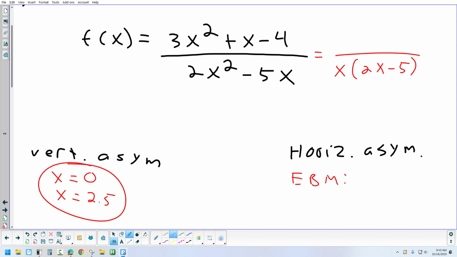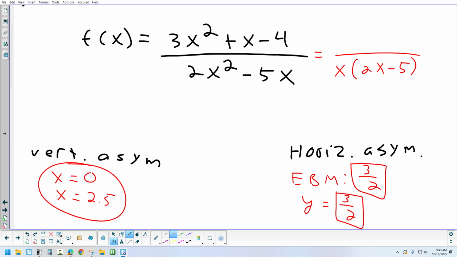Yep. 3 over 2. There's my EBM. So now what happens to that fraction as x approaches infinity? What does my EBM approach? Yeah, approaches 3 over 2. Yep.